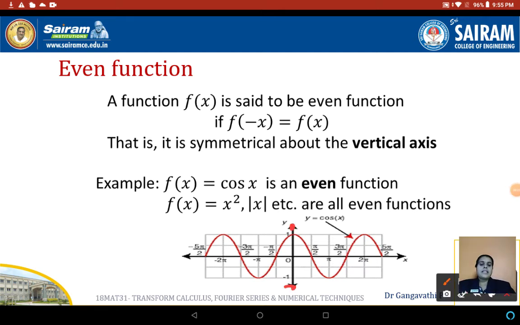Whatever graph you see on the right hand side of your y-axis, the same graph appears on the left side of the vertical axis too. Both sides of your y-axis look the same. Such graphs are the geometric representation of even functions.